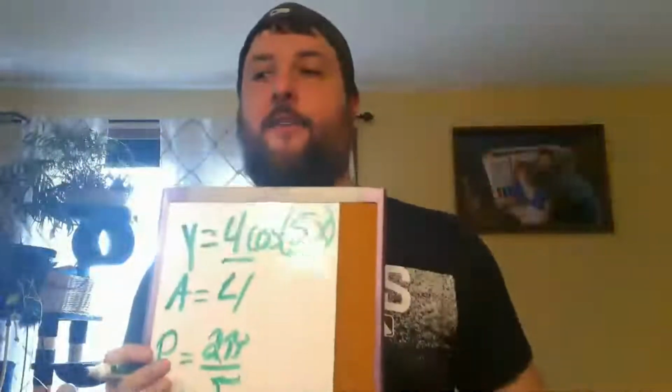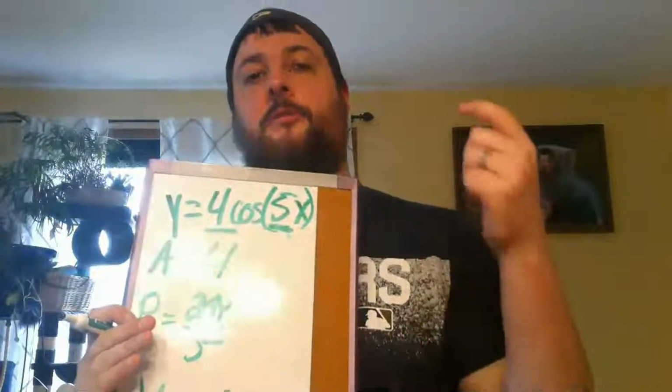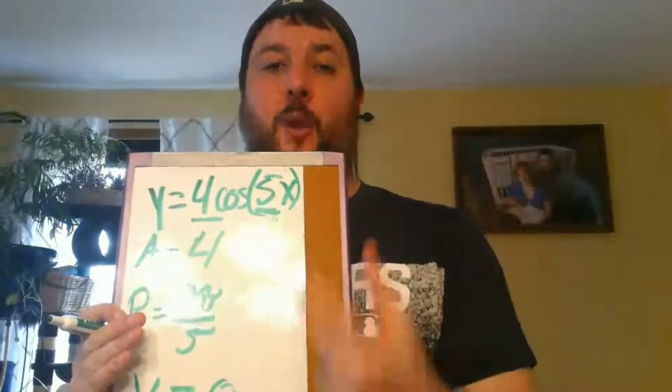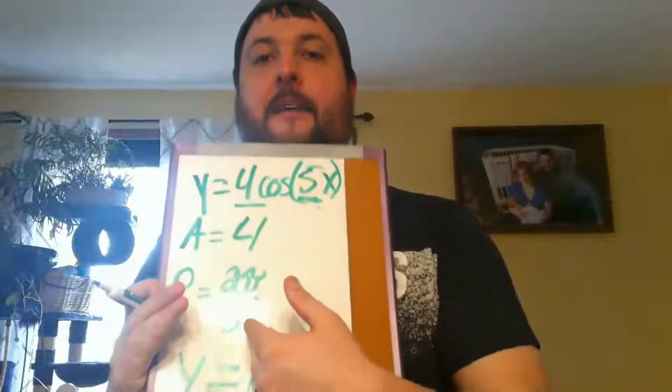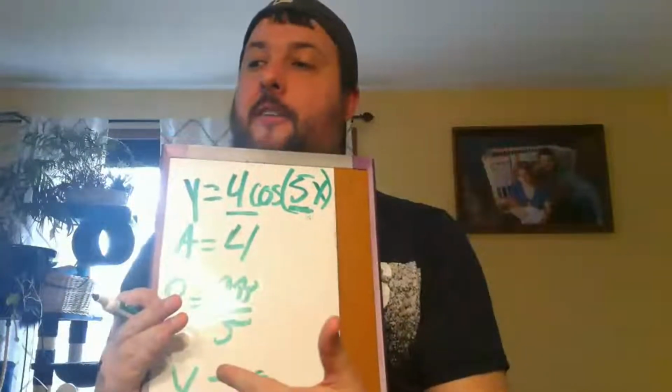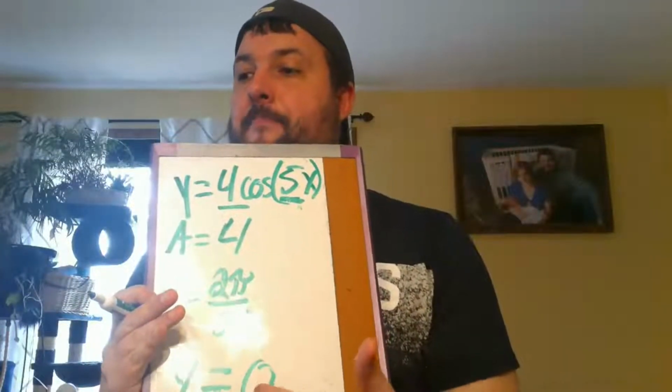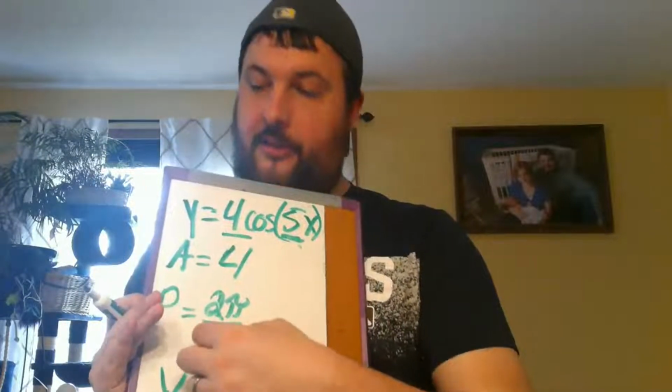You can think of it as time, like a normal Ferris wheel going around in 2 pi radians. By putting a 5 in front of it, you're making that period a lot quicker. So you're dividing the 2 pi by 5, but it's always based off of the 2 pi.